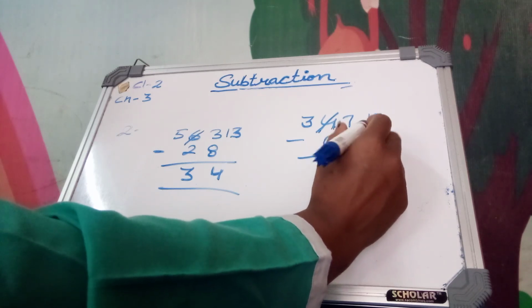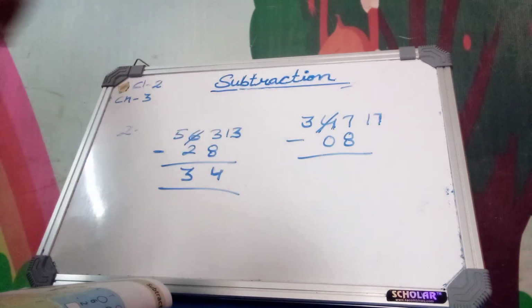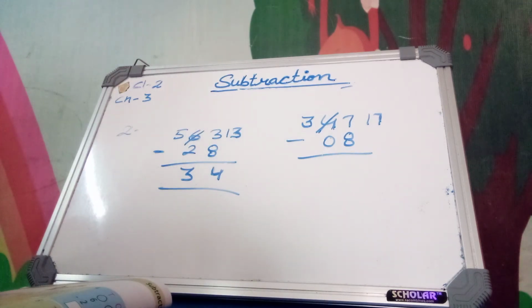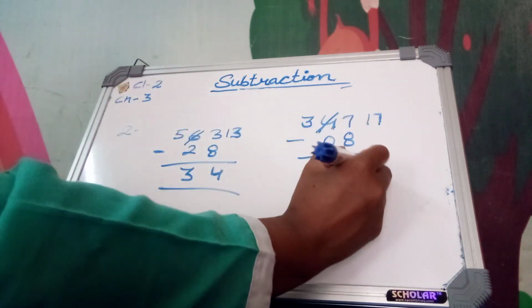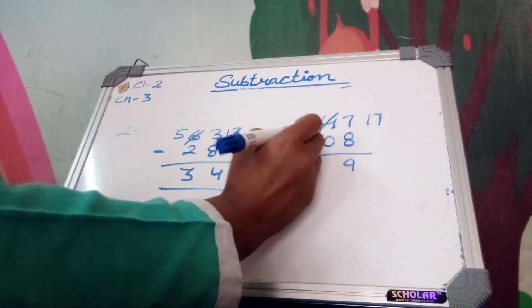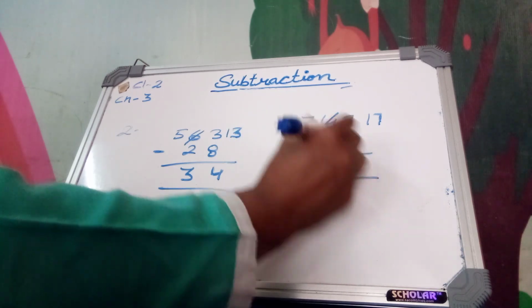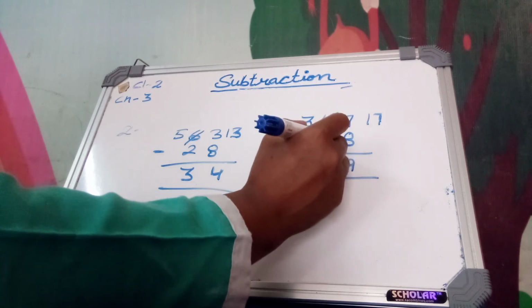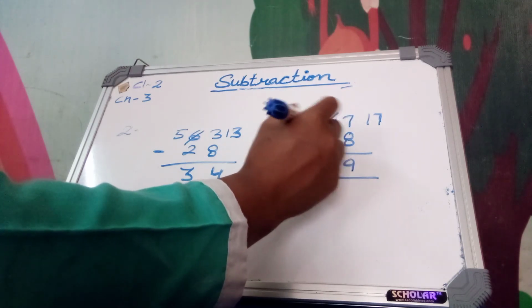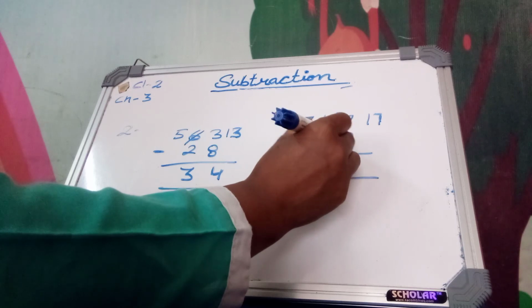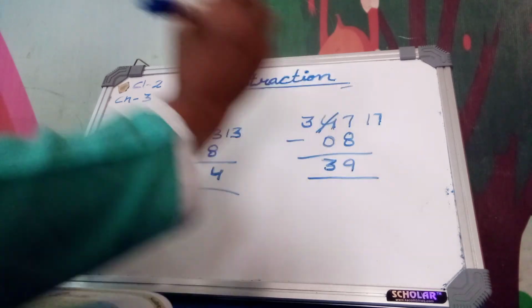Now 17 minus 8, 9, and 3, we have to write same 3 here.